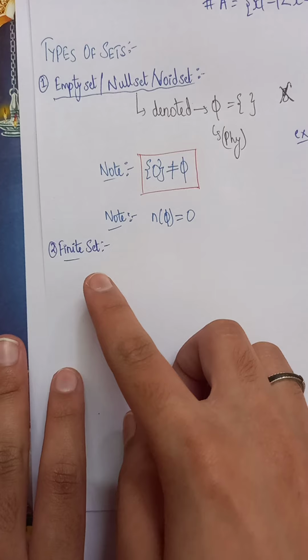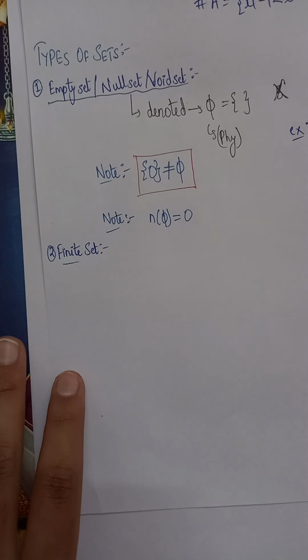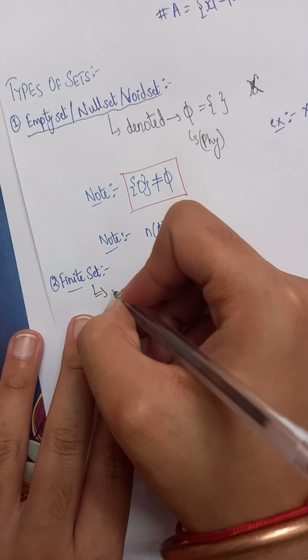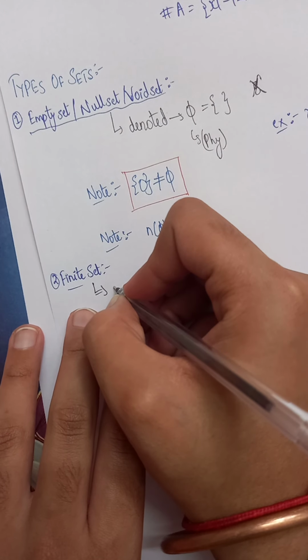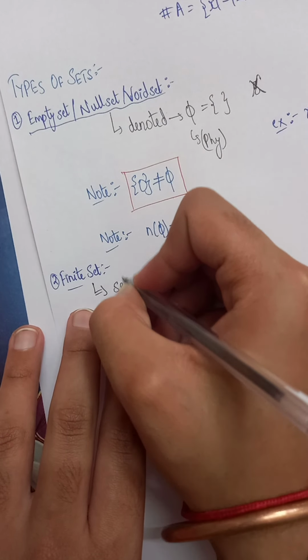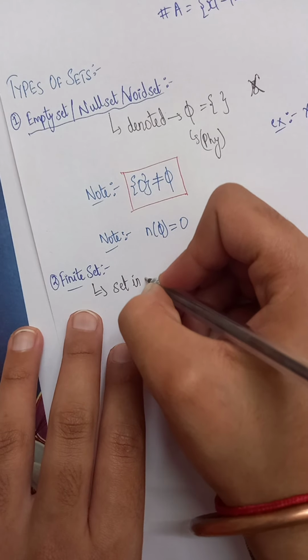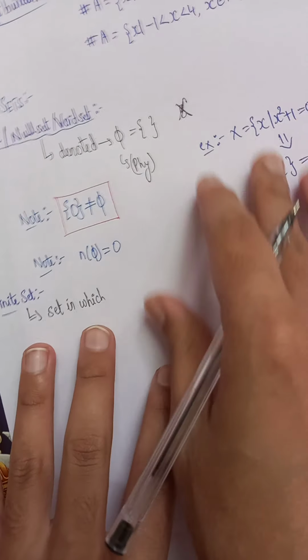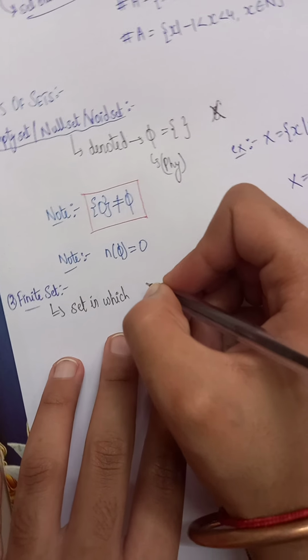The next type of set is called the finite set. What does this mean? A finite set is a set in which we are able to count the elements, or the elements are countable.